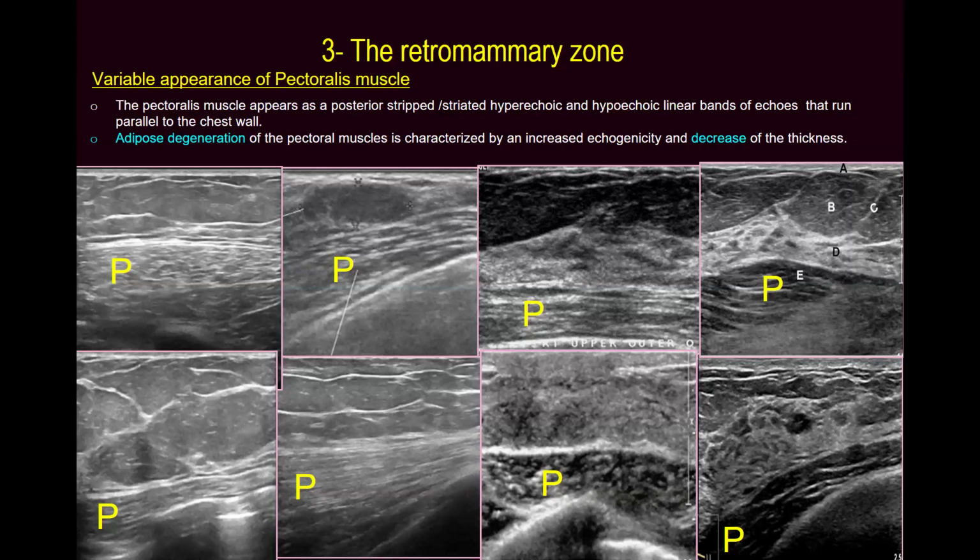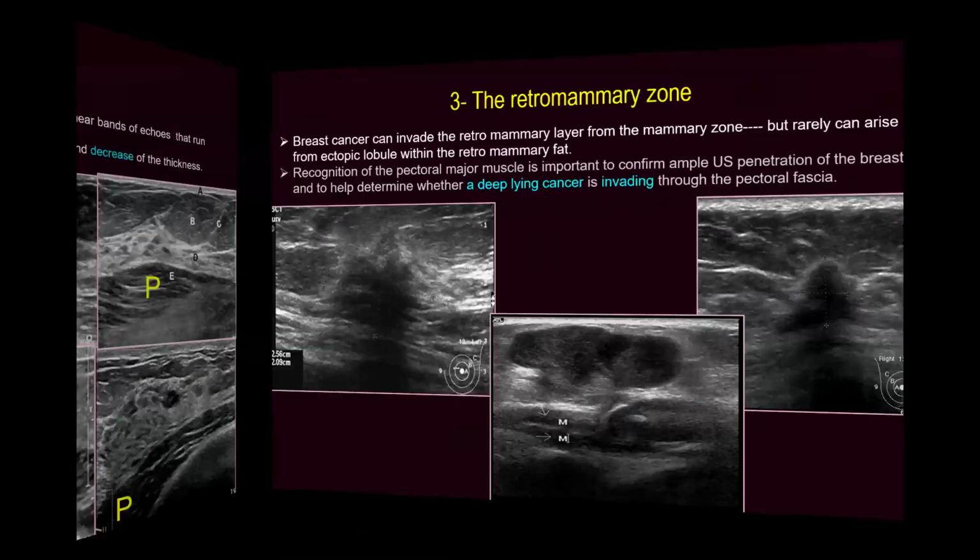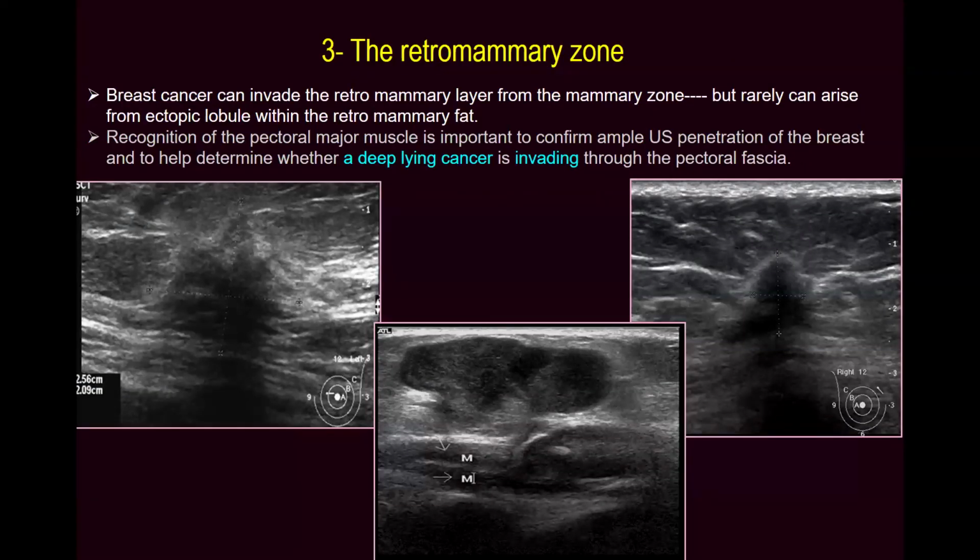Usually it is bulky, and those alternating hyper and hypo stripes will be more visualized, more obvious. But with the elderly, it will reduce in size and increase in echogenicity due to fatty degeneration. This is also an example of mine, okay?